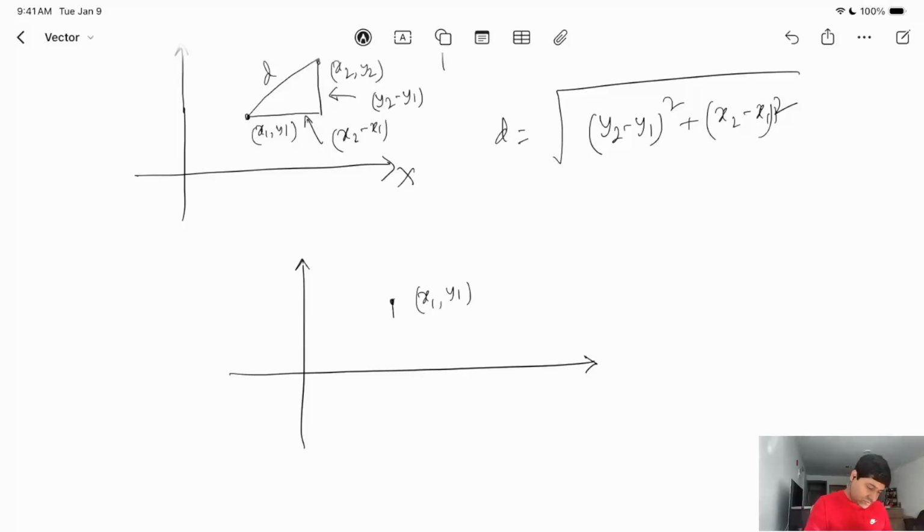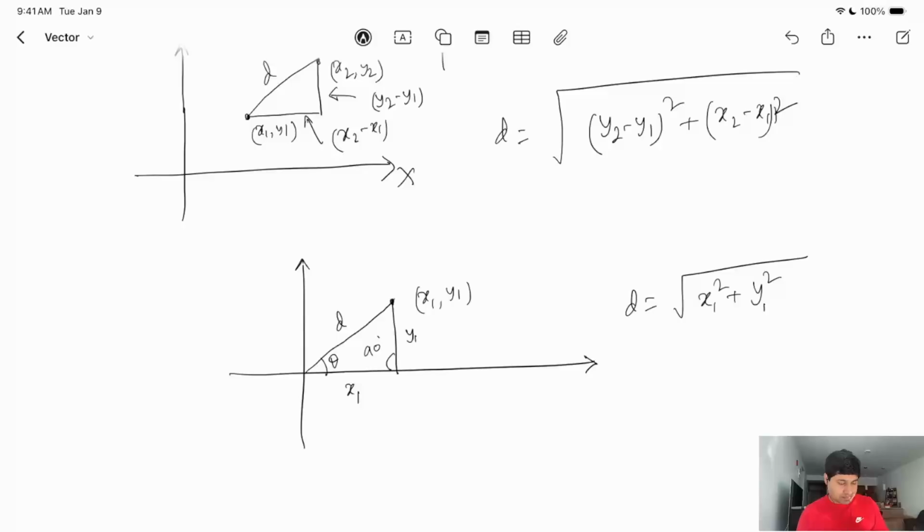If I draw a right triangle, where this is 90 degrees and assume this is theta, then the hypotenuse d will be the square root of base square plus height square.